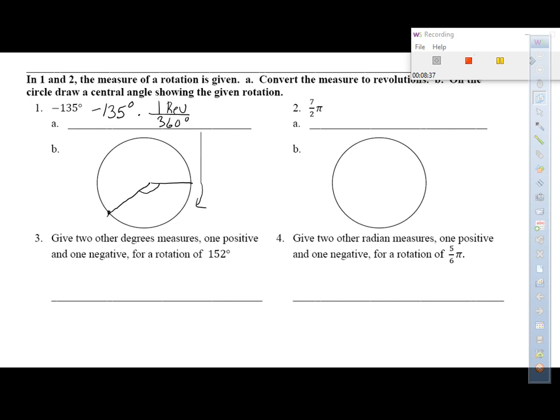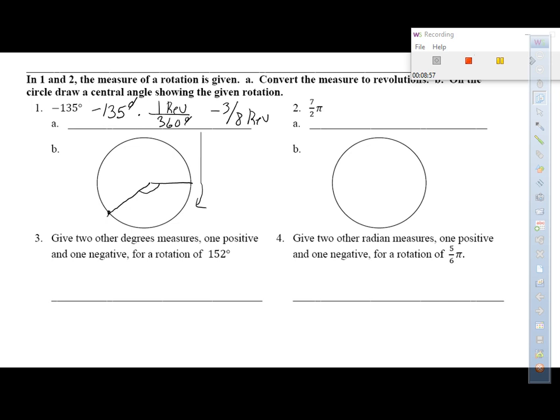The reason I need the degrees on bottom, notice that these cancel out. Now I'm going to grab my calculator, and I'm going to go negative 135 divided by 360. If it's an ugly number, I'm going to go math, enter, enter. And in this case, I'm going to get negative 3/8 of a revolution. So that's how we hit that.